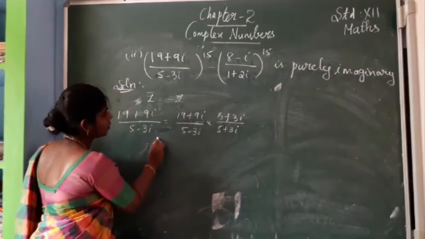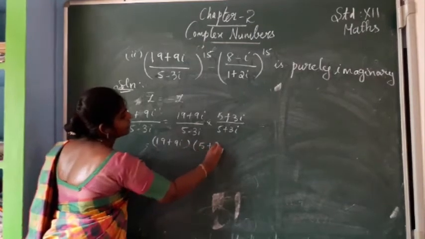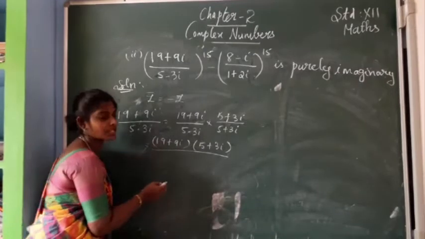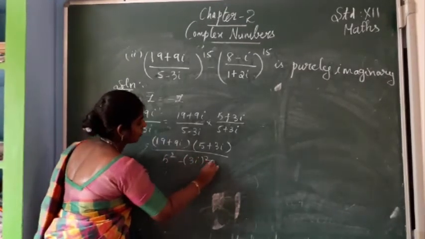That's equal to (19 plus 9i) into (5 plus 3i) divided by, use the formula a square minus b square, so 5 square minus (3i) whole square.